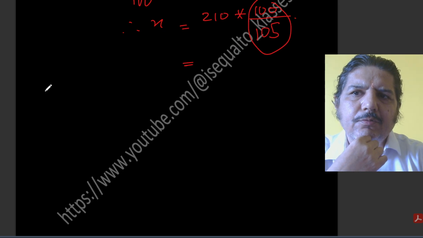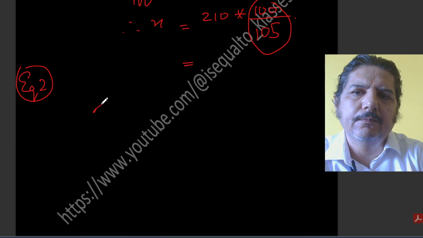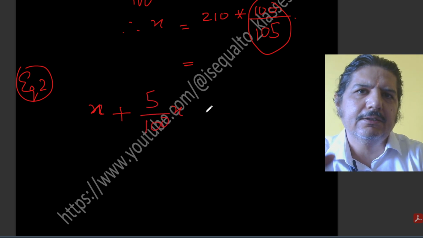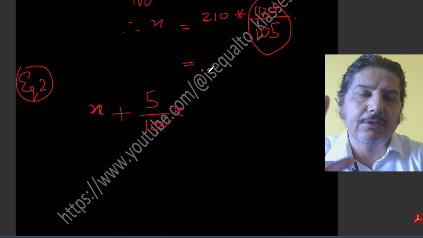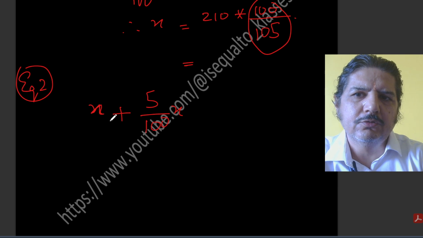The second type of equation that you will have to solve is something like, say, x plus 5 upon 100 x. This is another kind of algebraic equation that you will have to solve. Now, how do we solve this?